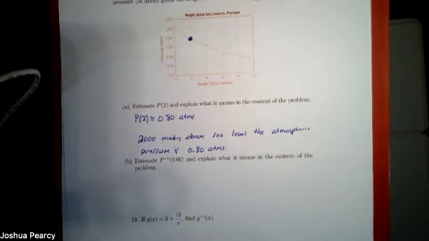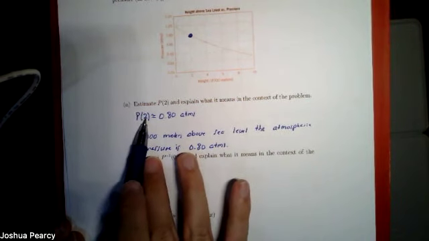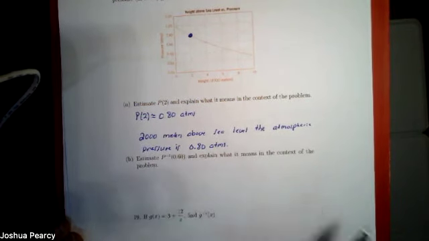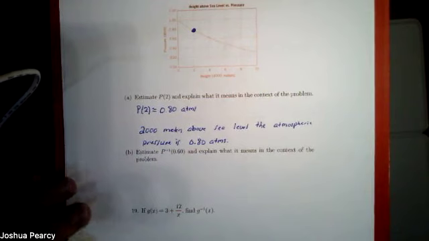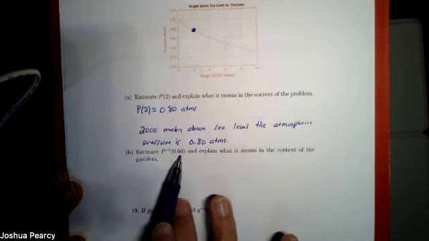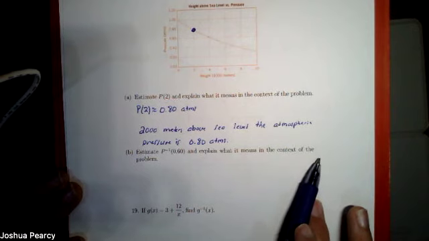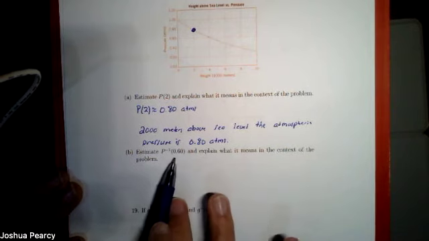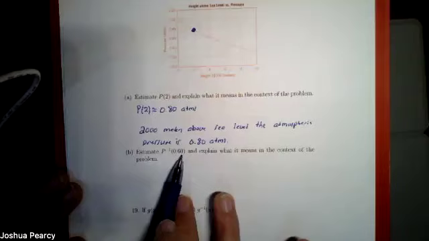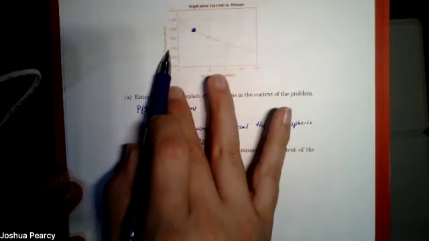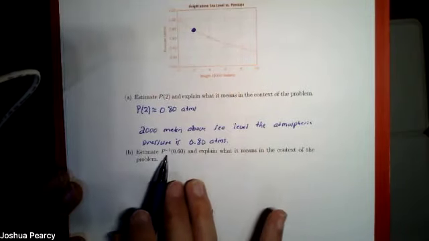So that's part A. Given a value of the input, what is the output? Let's look at this next one here, where it says estimate P inverse of 0.60 and explain what it means in the context of the problem. So here, this 0.60 is actually representing the pressure in atmospheres, right? Because this is P inverse.